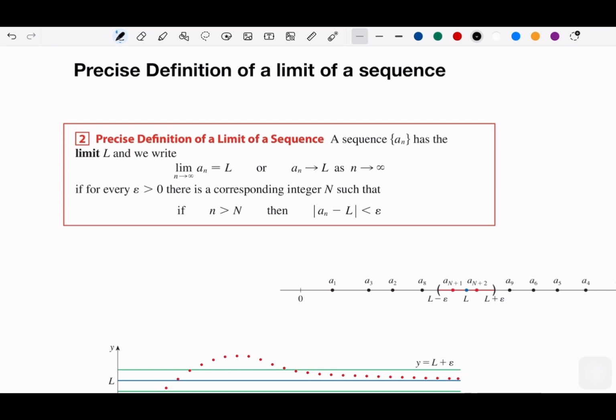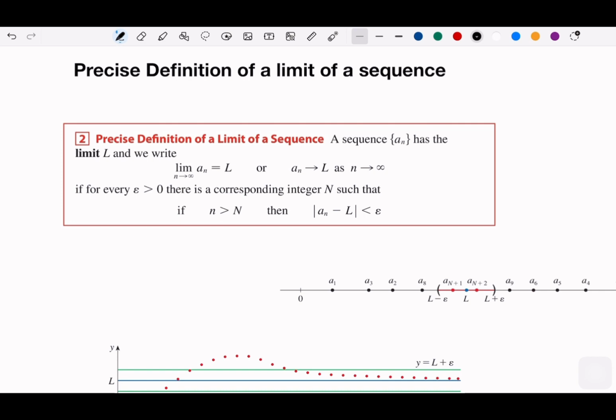So basically, nearby this L, we have some distance here, and imagine that this is very small. This distance will be epsilon.